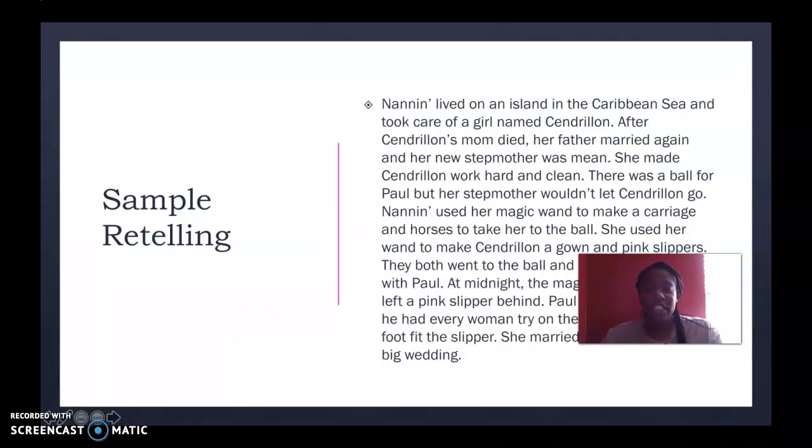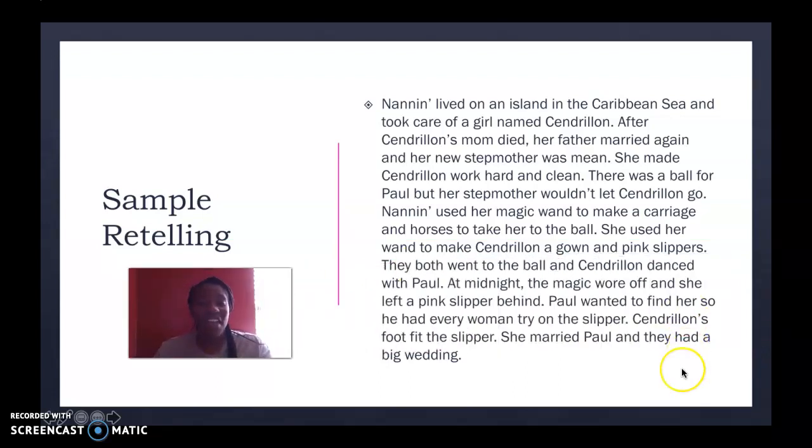So if we were to retell the story, here's a sample of how that would go. As you can see, we went from very simple retellings from module 1 to now look at what we would have to retell. Nanan lived on an island in the Caribbean Sea and took care of a girl named Cendrillon. After Cendrillon's mom died, her father married again, and her new stepmother was mean. She made Cendrillon work hard and clean.